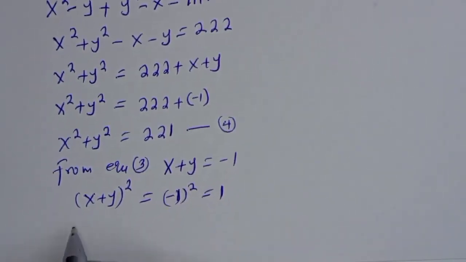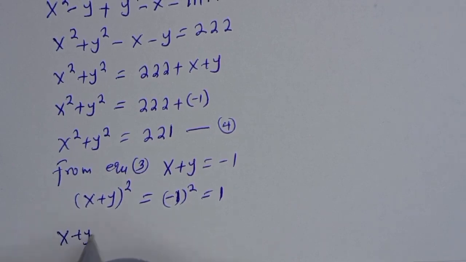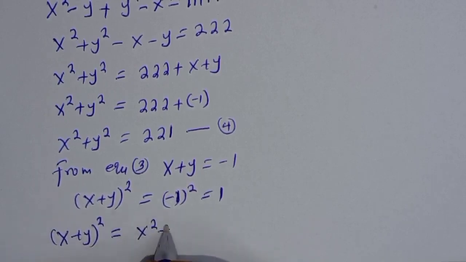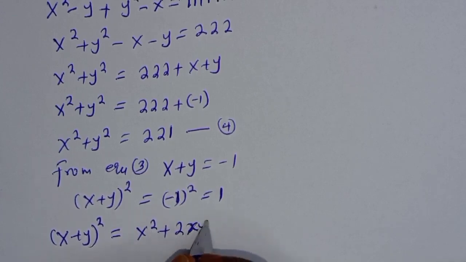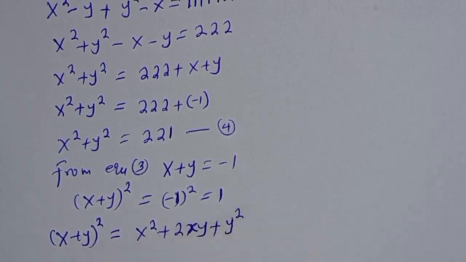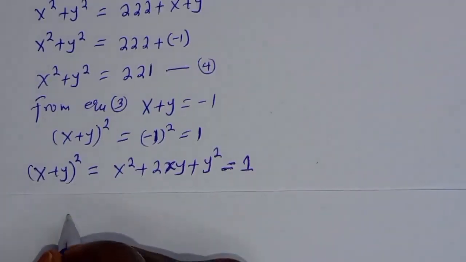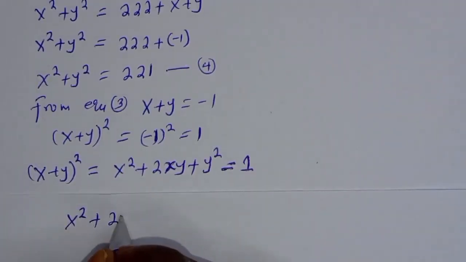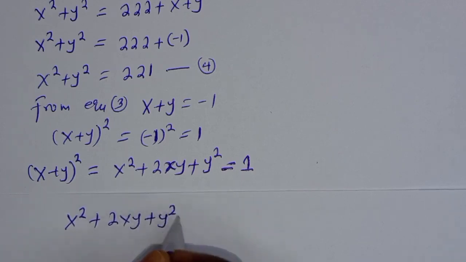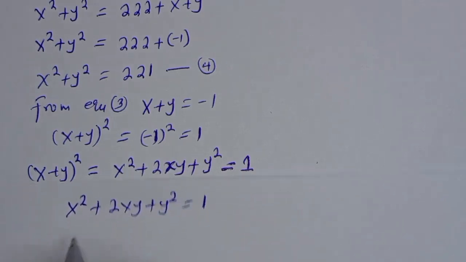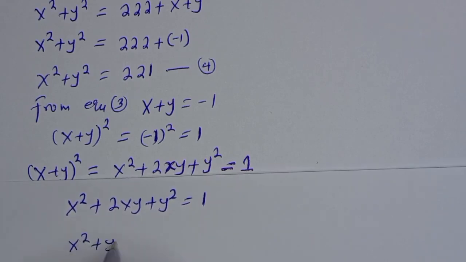Then we know from this exponential rule that x plus y squared is equal to x squared plus 2xy plus y squared, which is equal to 1. Therefore we have x squared plus y squared plus 2xy is equal to 1.